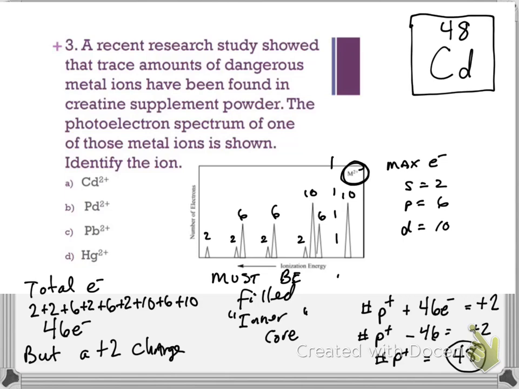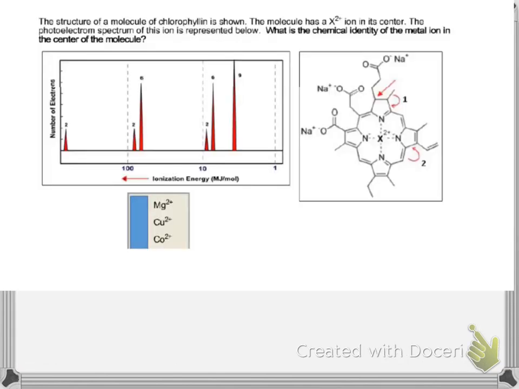So the ion that's in these metals is going to be cadmium 2+. Okay. So here's another PES spectrum, another mysterious species that we have to determine the identity of. The first thing we do is identify, okay, it's a +2 charge, so we need to know how many total electrons there are.